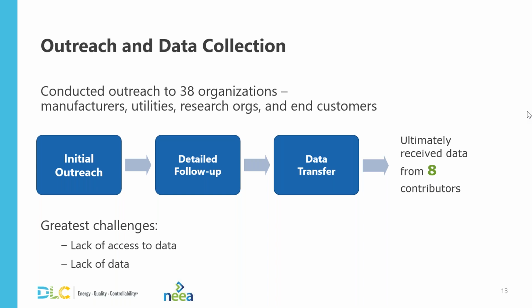At each stage of the conversation, we tried to get from our initial contact to the right person within the organization, assess their willingness to participate in this study, determine if they were in possession of or had access to NLC energy data, and finally make sure the kind of data they had was what we needed for the study. In the end, we received data from 8 contributors.